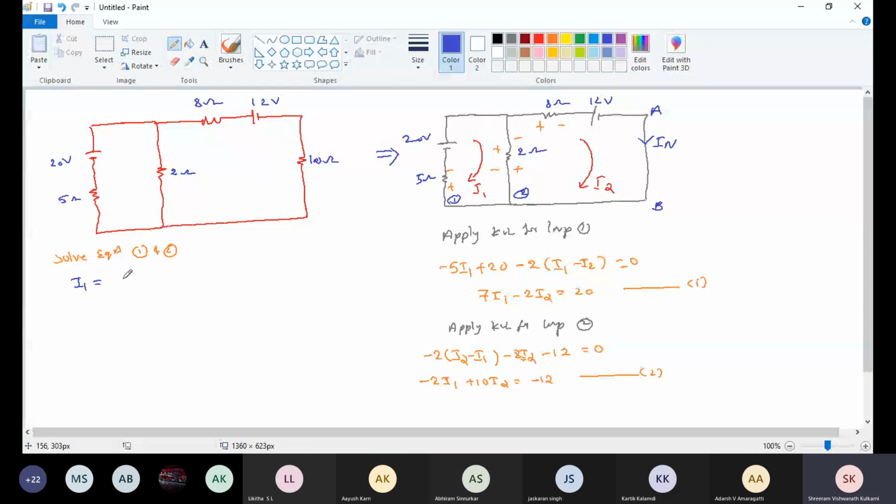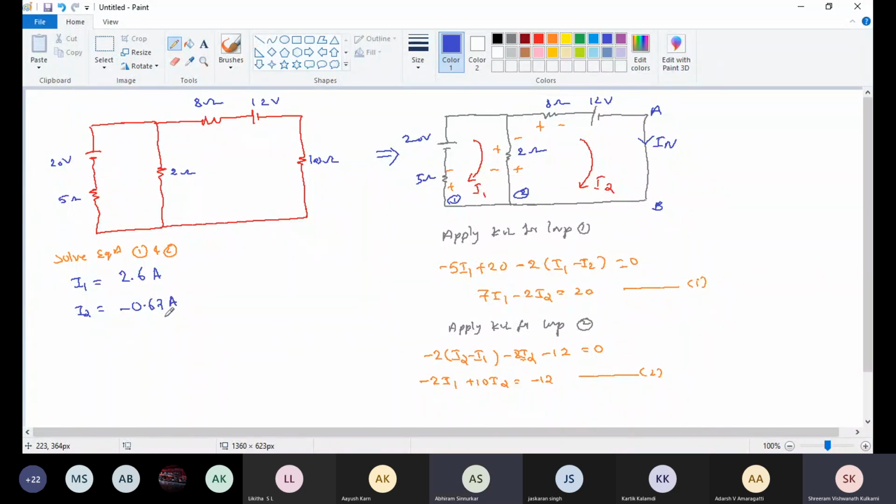I1 is 2.66 ampere. I2 is minus 0.67 ampere.